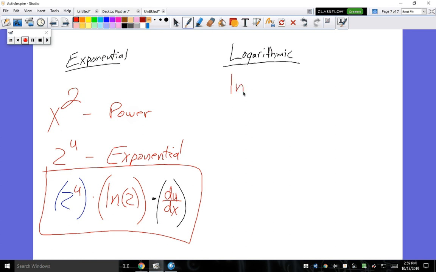Logarithmic, okay? You know that the rule is 1 over the stuff times the derivative of the stuff. This is the rule of differentiation for natural log of something.